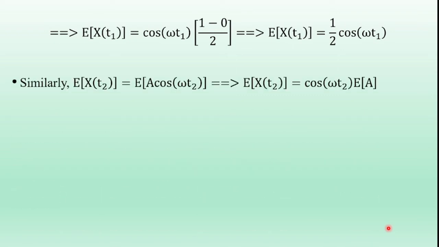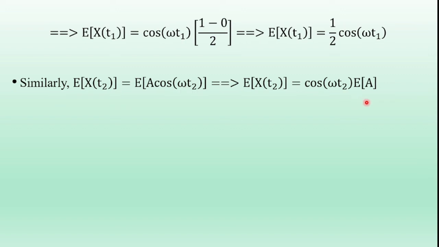Similarly calculate expectation of x of t2. Given that x of t is a cos omega t, x of t2 is a cos of omega t2. A is the random variable, so this is arranged as cos of omega t2 into expectation of a.